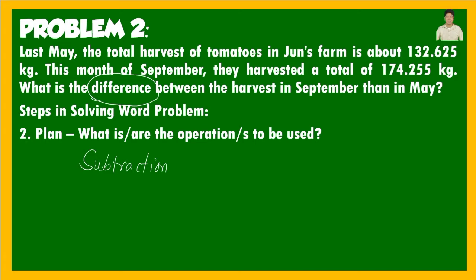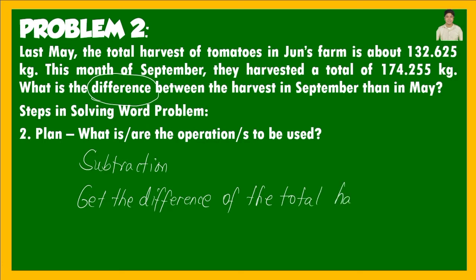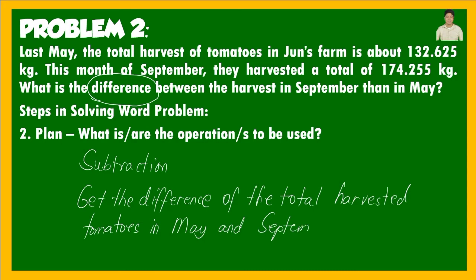So ang gagawin lang po natin is get the difference of the total harvested tomatoes in May and September. After that, malalaman na natin. Okay, so pag-subtract lang po natin yung mga nakikita nating mga numbers dyan. So yung total amount, total weight ng tomatoes na harvest.